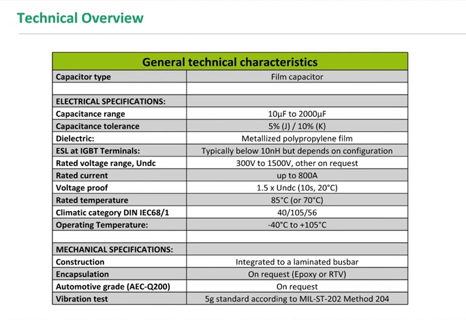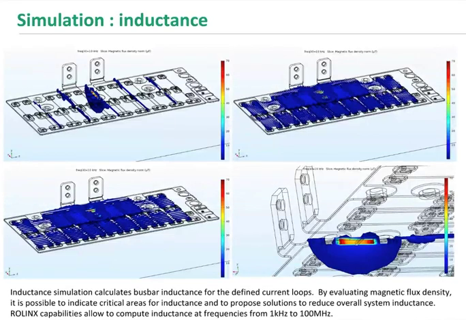Moving forward with our presentation, we also do all kinds of inductance simulations. Here is an example based on the previous example, where we run the inductance and define the different current loops, and we also evaluate the magnetic flux density. On the left side you have the cross section of the busbars in a horizontal or vertical way, and along the length.